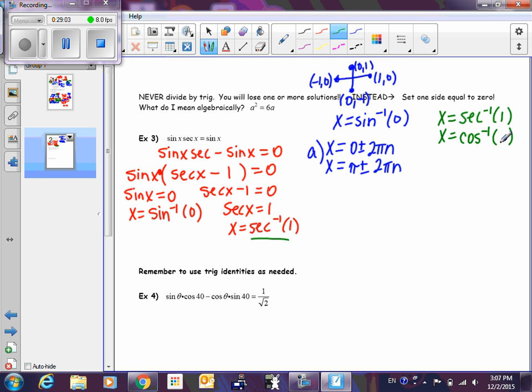What do you get? 1. So that makes this a lot easier. So this is back to this. We look at the first number. Where's the first number 1? Only at 0. So we kind of got a repeat here. Okay? So on to part B.